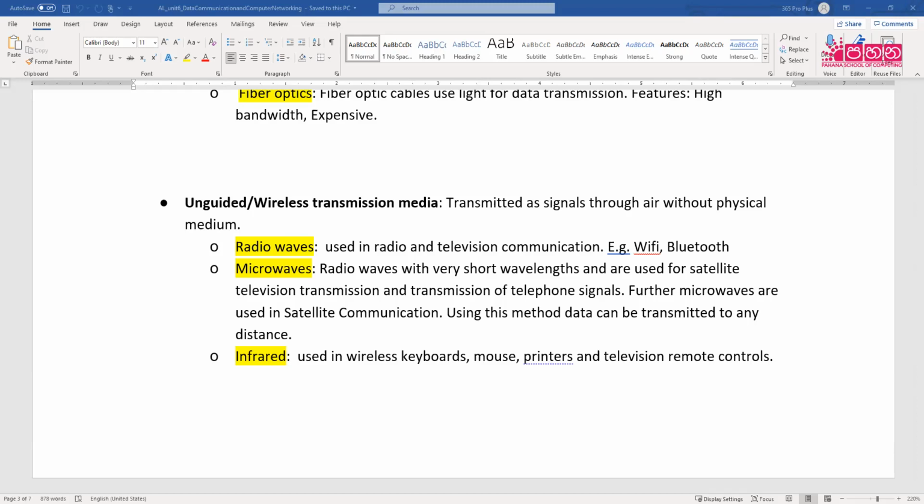So let's start with the properties. Especially in data transmission, we want to discuss these signal properties. So here, what we are going to discuss is the properties of signal transmission media, right?